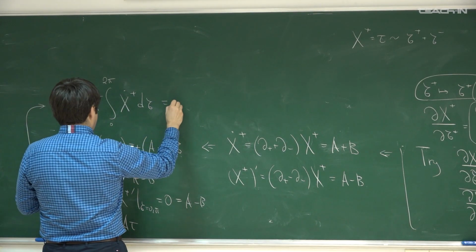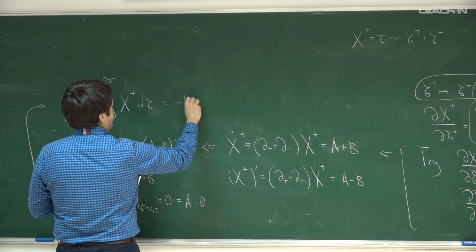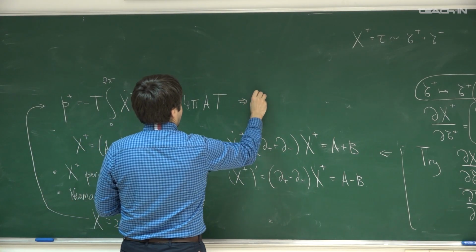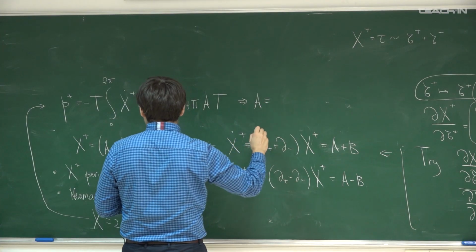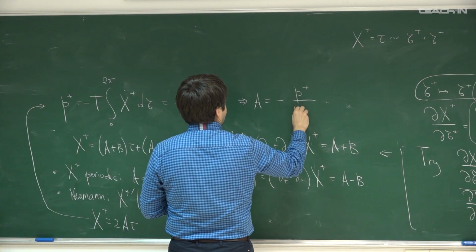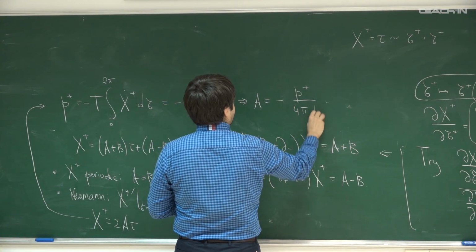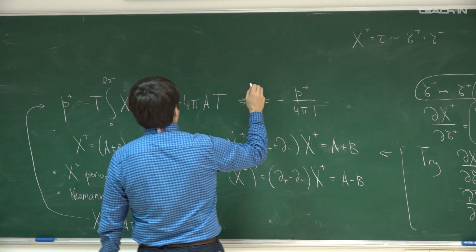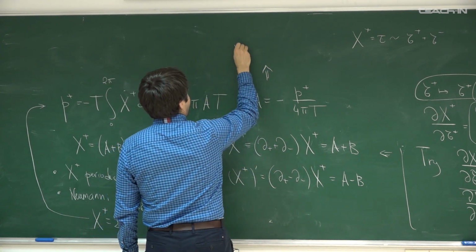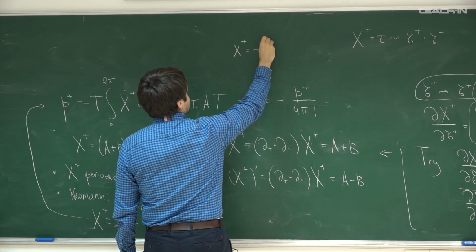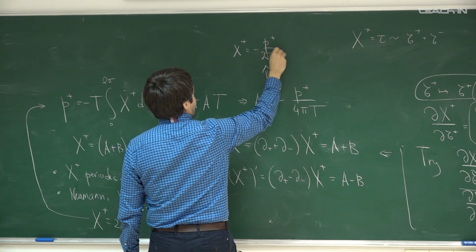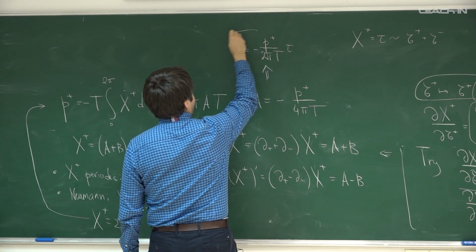So this is minus 4 pi A T. So A is minus P plus over 4 pi T. So that means that x plus is minus P plus over 2 pi T tau.